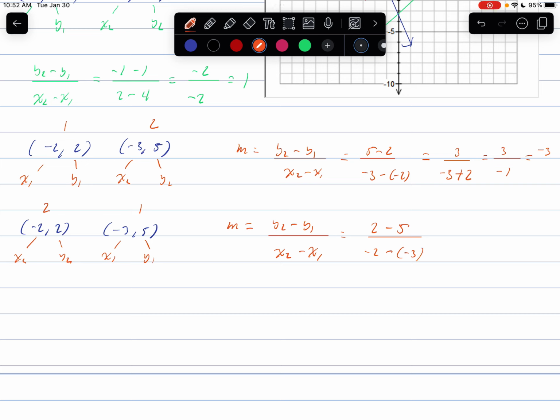So that'll give us -3 on top over -2 minus -3, which is the same thing as -2 plus 3, which gives us -3 over 1, which is just -3. So in either case, you're going to end up with the same slope. The fractions will look a little different along the way, but the final answer should end up being exactly the same.